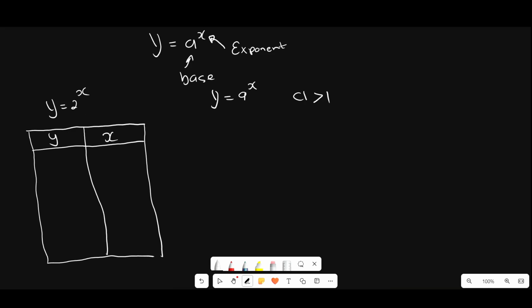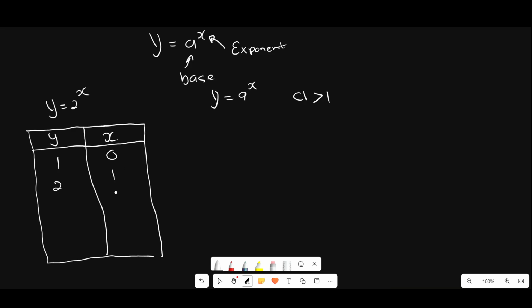So let's say we have 2. When we have x is equal to 2, we take this 2 and plug it in place of x, and hence we have a y value of 4. Now, let's start with 0. If we have 0, then we'll have 1. Then if you have 1, you'll have a y value of 2.